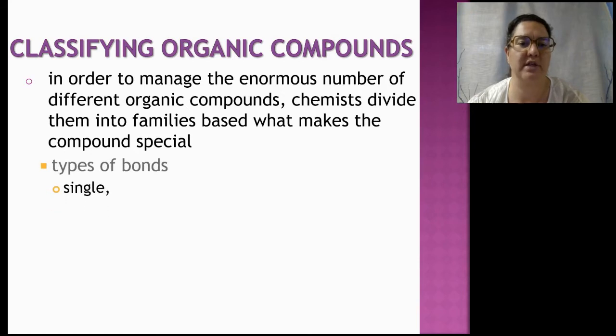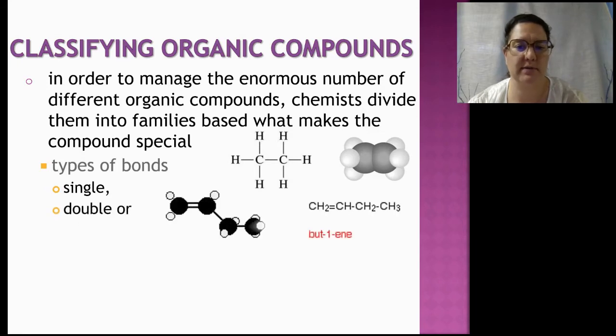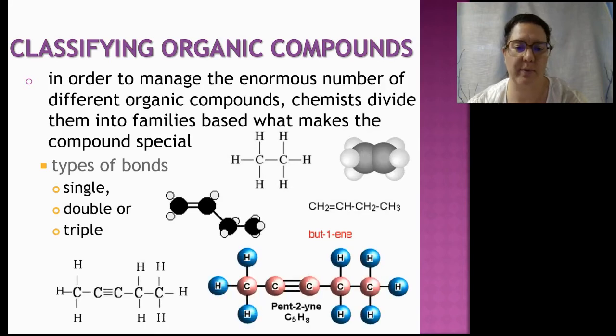In order to manage the enormous number of different compounds, chemists divided them into different families based on what makes them special. So we divide them by the types of bonds. They can have single bonds, double bonds, or triple bonds. And this is what we're going to look at over the next few lessons.